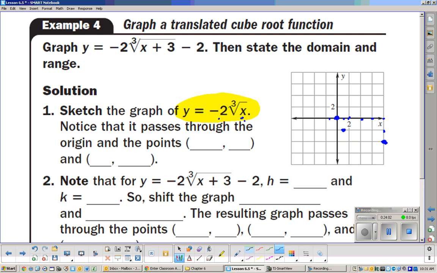Okay, there's my graph so far. But definitely I'm not done, because how does that graph translate? By the way, if you want to fill in numbers here, negative 1, 2, and 1, negative 2 would be 2 possibilities.